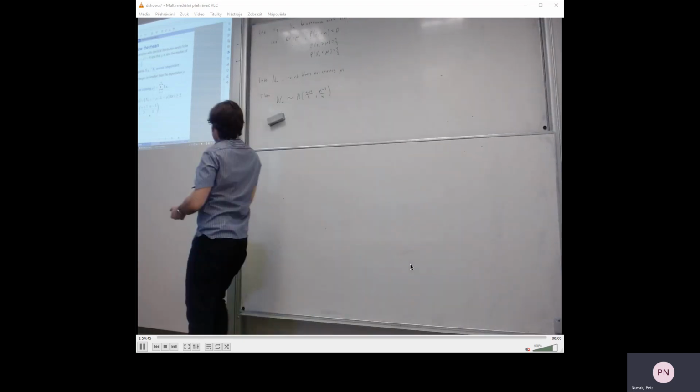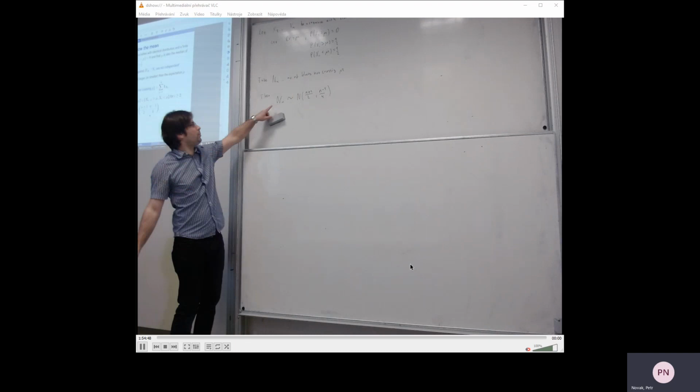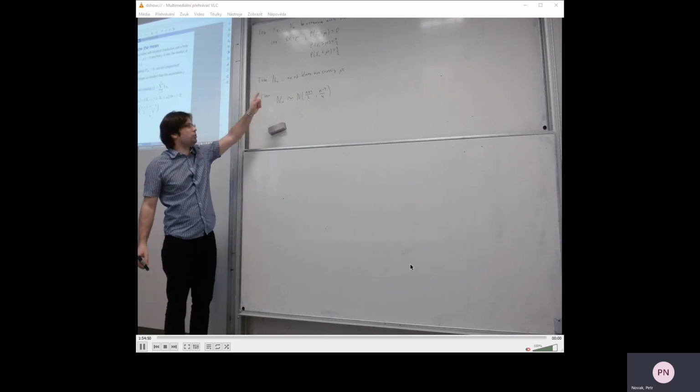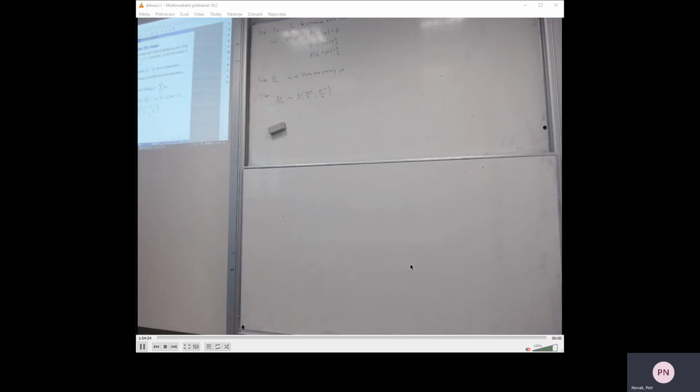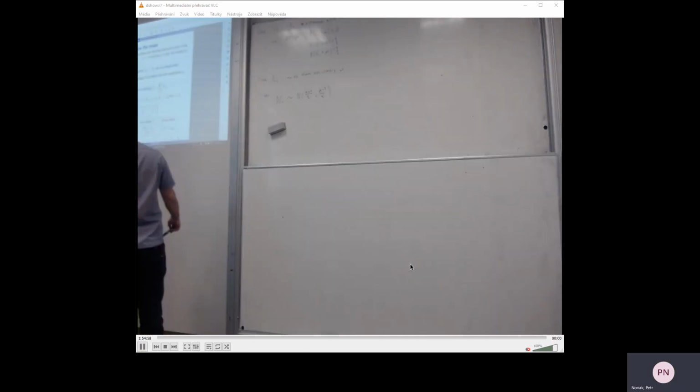Now, what we can do is take this number, the number of blocks which do not cross mu in the sequence, subtract the expectation, divide by square root of the variance. So we take this, subtract this, divide by square root of this.